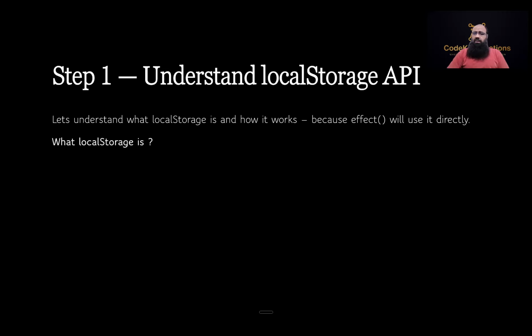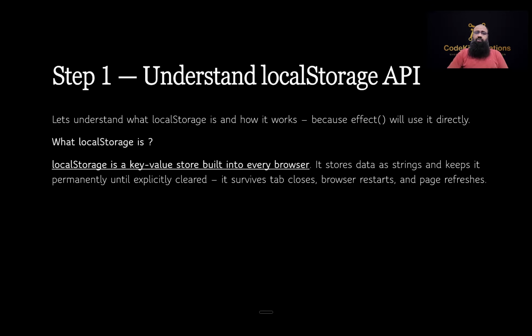Because we need to use it along with the effect. So what is local storage itself? Basically, local storage is a key-value store built into every browser. You can think of it as a key-value store where we can place a string. It always stores strings. So in case we need to store any objects, we are going to convert them to a string, and then we save it.